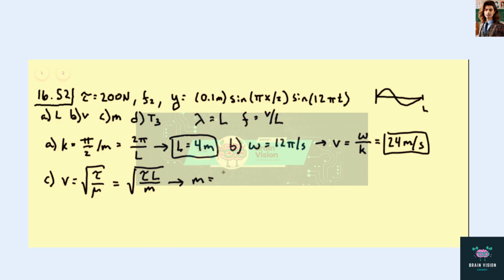So then the mass is going to be the tension times the length divided by the speed squared. Conveniently we found out the length and the speed, and we're told the tension. And so we get that the mass is 1.4 kilograms.